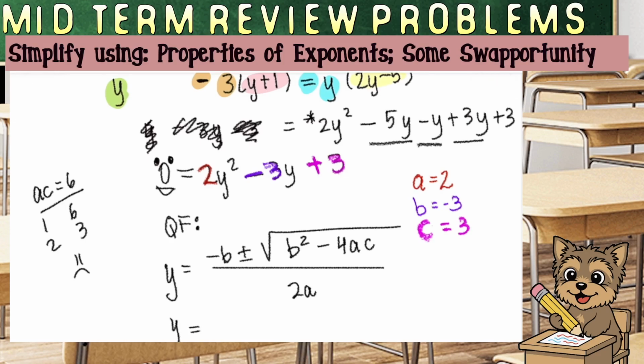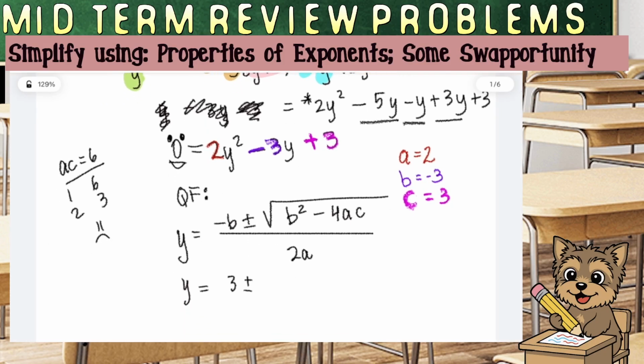Y equals +3 plus and minus the square root. B squared would be -3 squared, so it's always going to be positive, whether it's negative or positive.